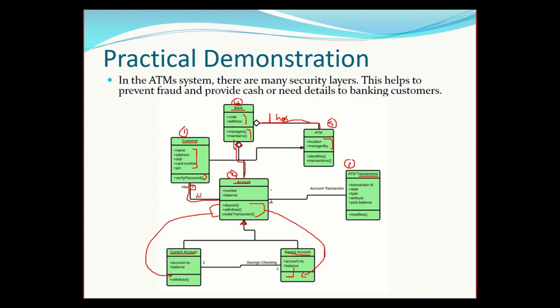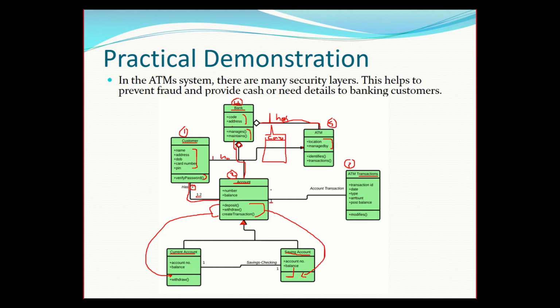Any question about this? You could add the card if you want, but the card will be between the ATM and the customer to create the relationship with the ATM. So you can have a card like this. Each customer will have what?